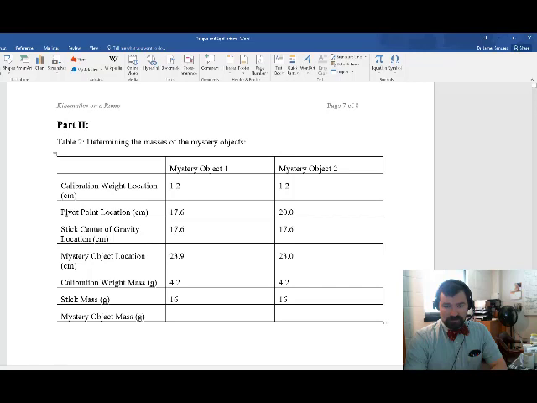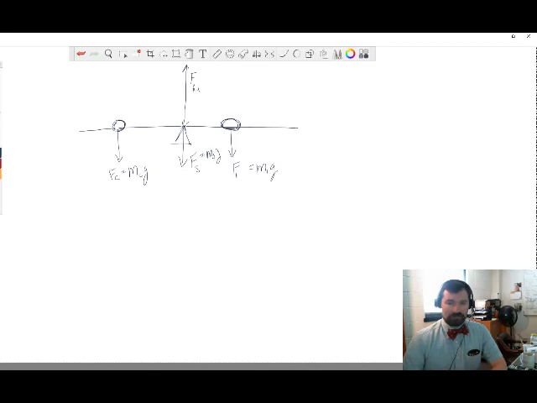Now, as I said, we placed our pivot point location, our fulcrum location, at the same place as the stick's center of gravity. The best decision, therefore, for a choice of axis here, since this choice is basically left open to us, would be to choose our axis of rotation to be actually right here.